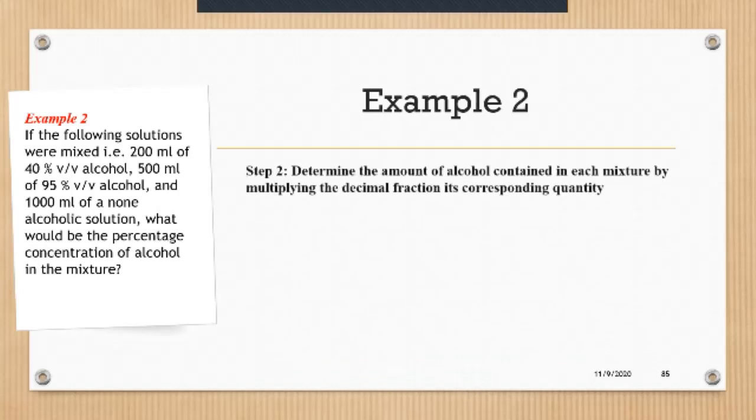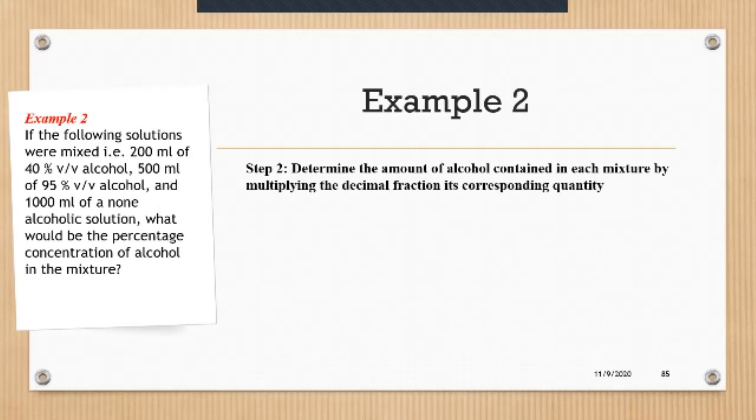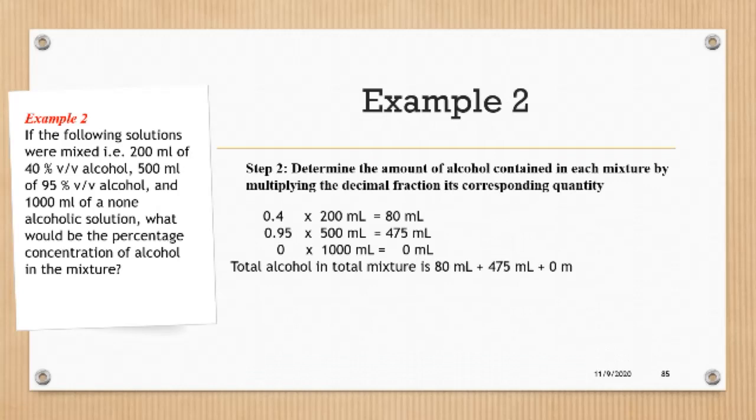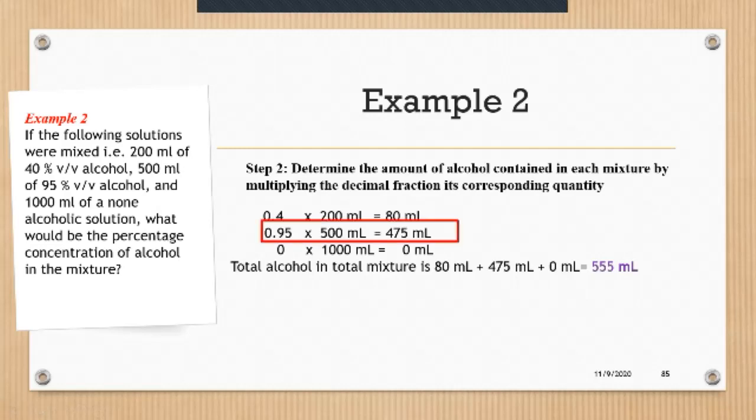The next step is to determine the amount of alcohol that's contained in each mixture by multiplying the decimal by its corresponding quantity. 0.4 times 200 is going to give you 80 mils. 0.95 times the 500 is going to give you 475 mils. And 0 times 1,000 is going to give you 0 because there's no alcohol in it. When you add the 80 and the 475, you get a total of 555 mils of alcohol.